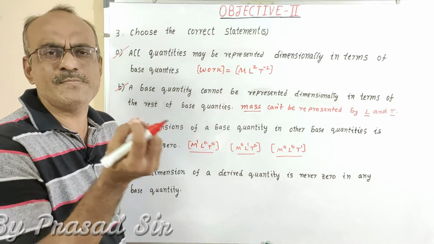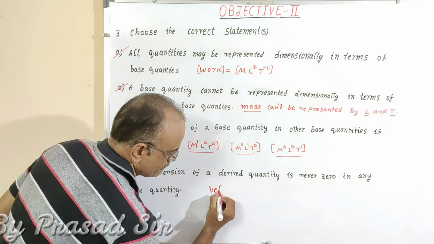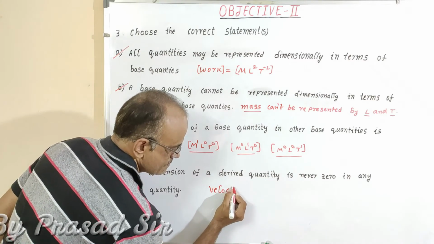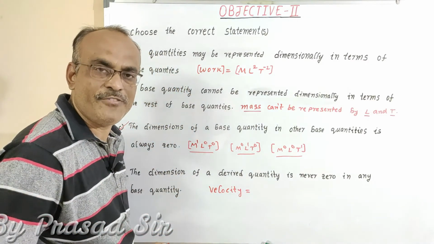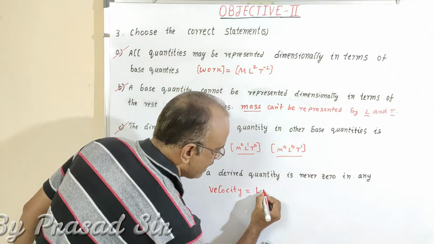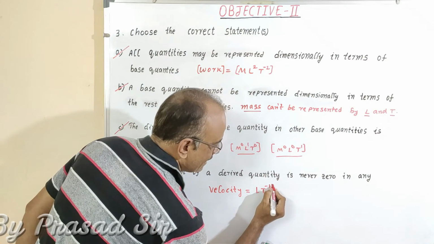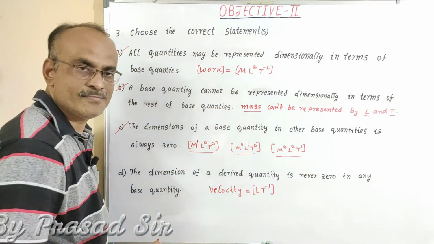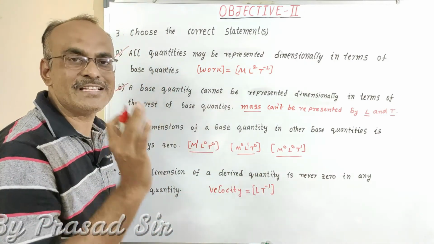That we will take one simple example, that is velocity. What is the dimension formula for velocity? L t to the power of minus 1. So velocity is equal to L t to the power of minus 1.